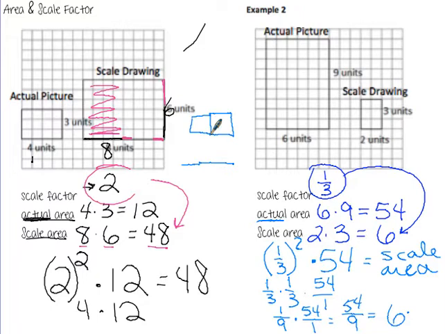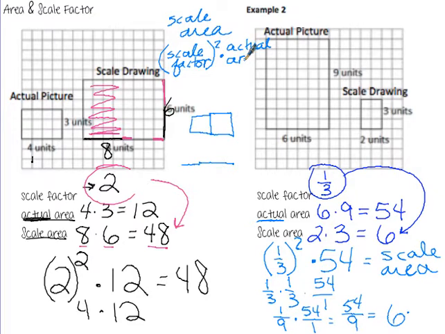So what I want you to write down so you have it for access later is that to find the scale area, you take your scale factor and you square it, you multiply it by your actual area, and that should give you your scale area.